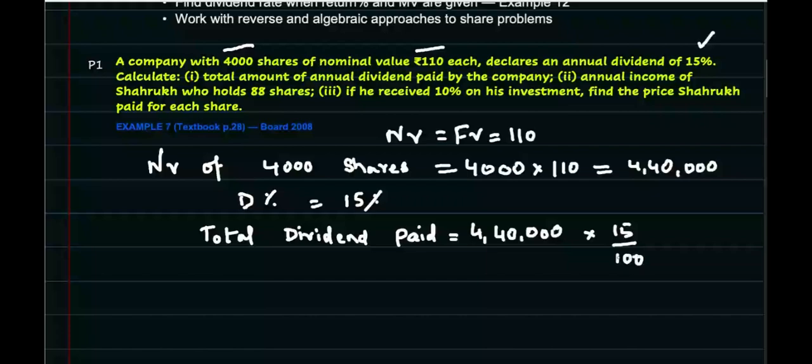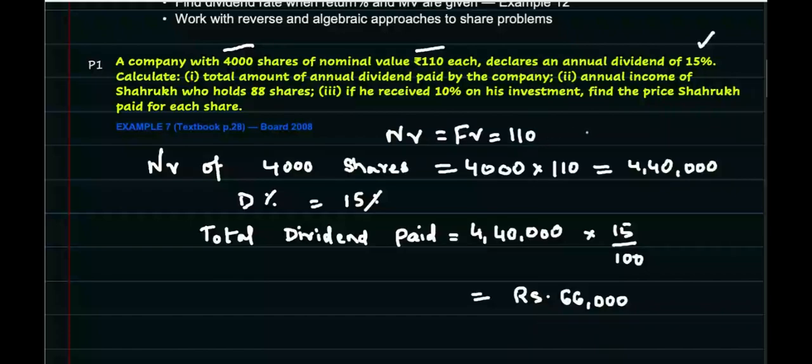How much will you get? 440 into 15 is 66. So that will be rupees 66,000, the amount of dividend the company is paying to the shareholders. Got it? 66,000 is the total dividend paid by the company.